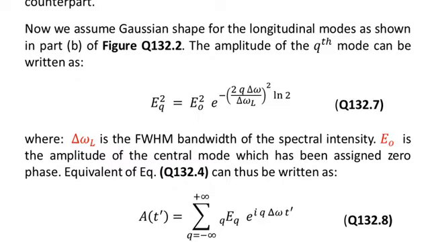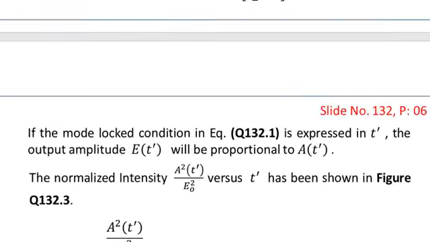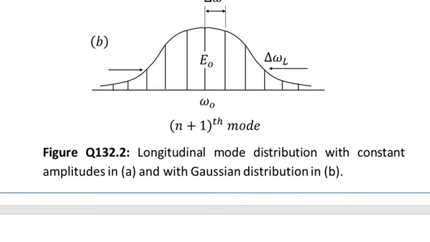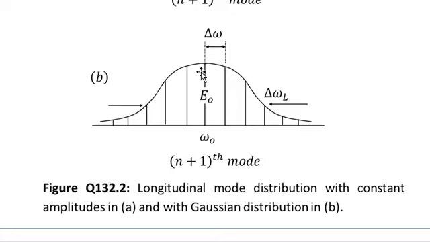So let me go back to figure 2 and show you this is the Gaussian profile. So these are the longitudinal modes, but you know that the central mode has the maximum amplitude E naught, and when you go away either to the left or to the right, the amplitude is going to decrease following a Gaussian distribution.